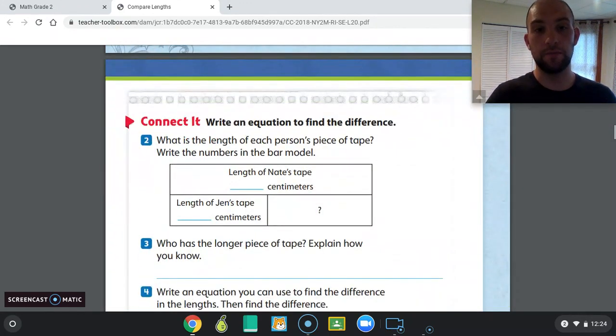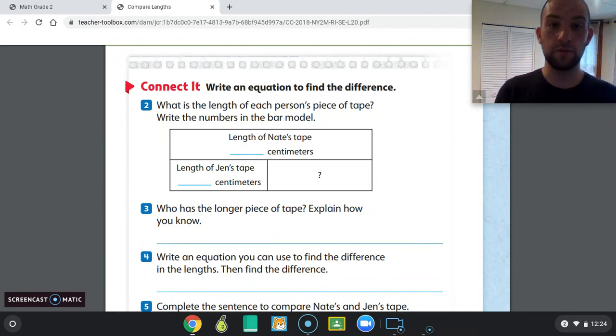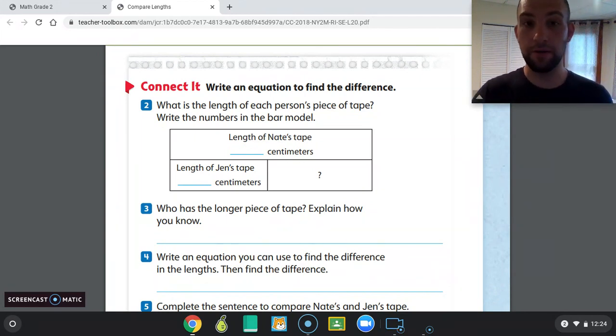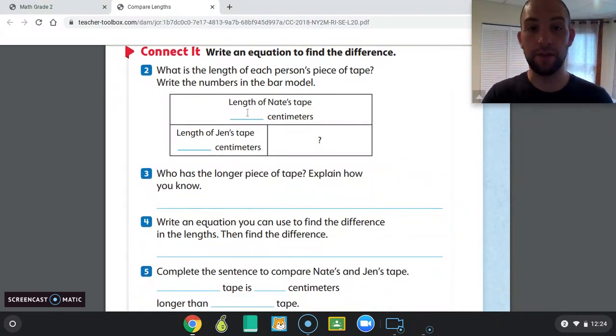It makes it a little bit bigger on this next page. It says, what is the length of each person's piece of tape? Write the numbers into the bar model. The length of Nate's tape, we remember, was 8 centimeters. The length of Jen's tape is 3 centimeters. So this area right here is going to be our difference.